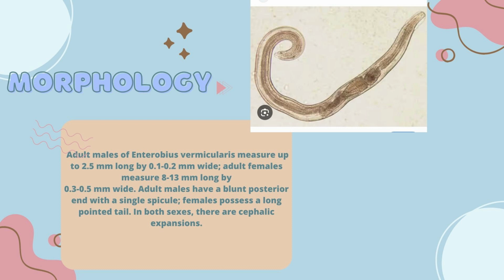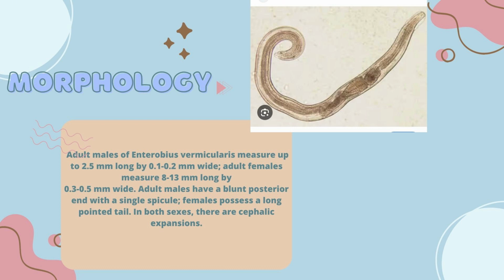Next is the morphology. So this is the appearance of E. vermicularis. Adult males of Enterobius measure up to 2.5 mm long by 0.1 to 0.2 mm wide.